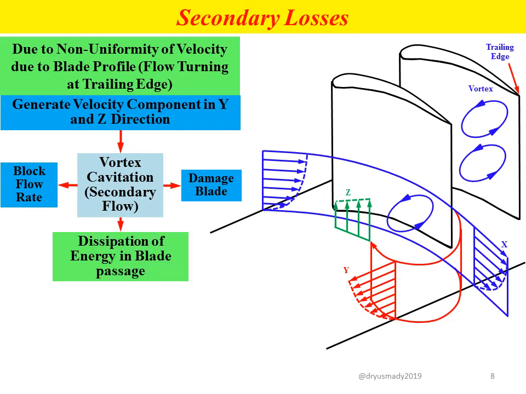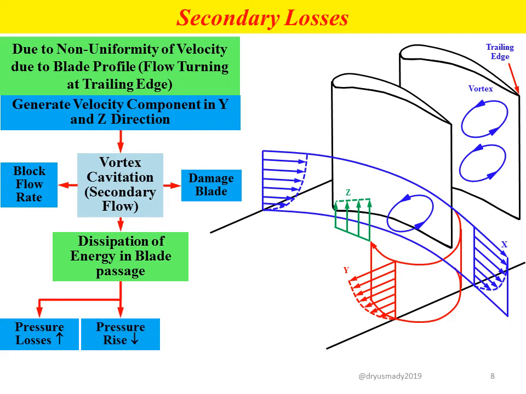And this will cause further dissipation of energy in the blade passage, which causes pressure losses to increase, pressure rise to decrease, and then will reduce the efficiency of the turbomachine.